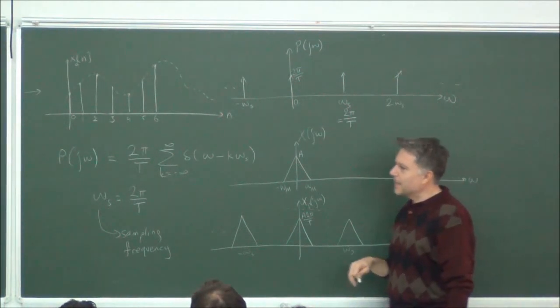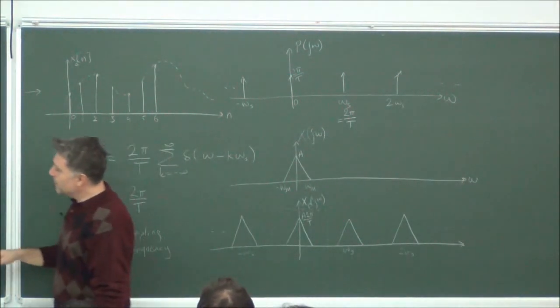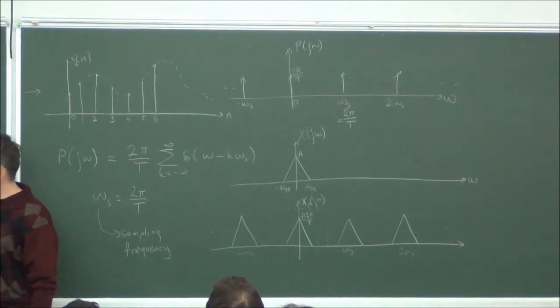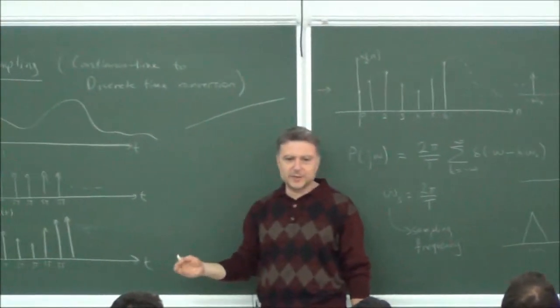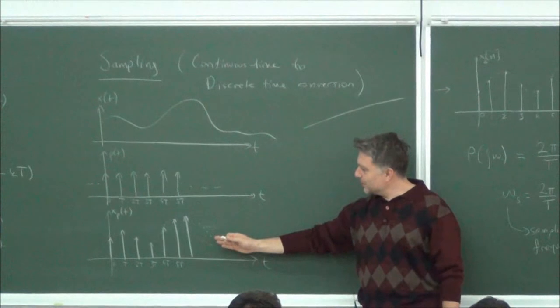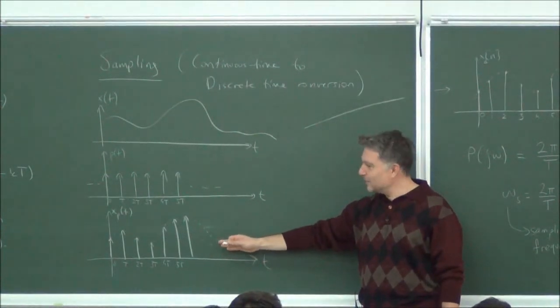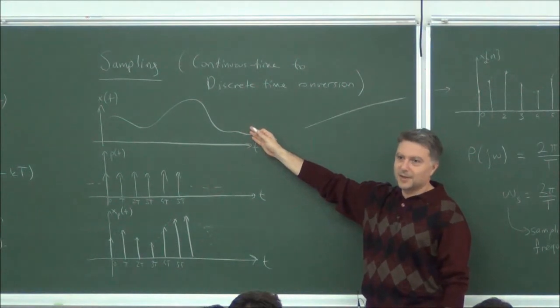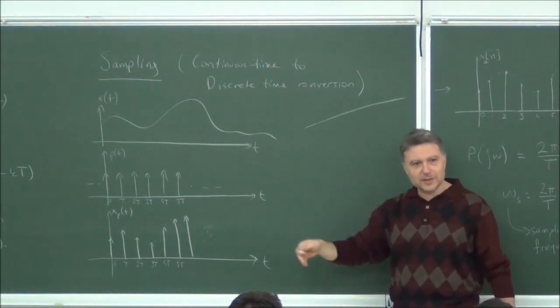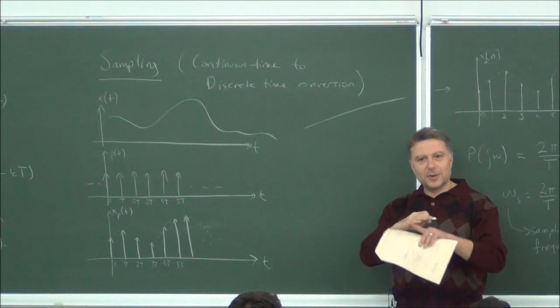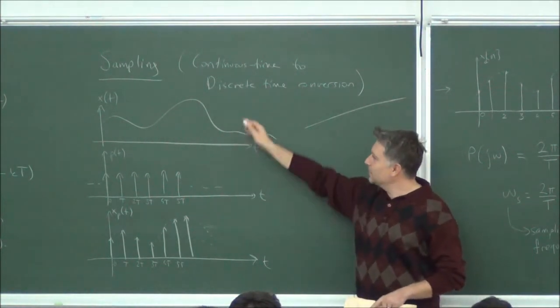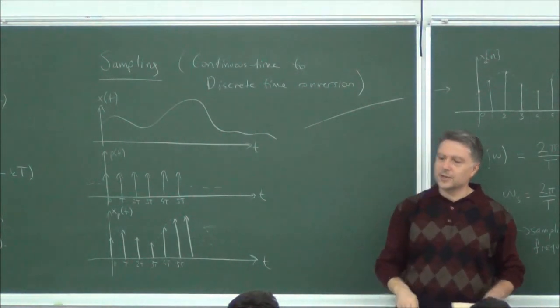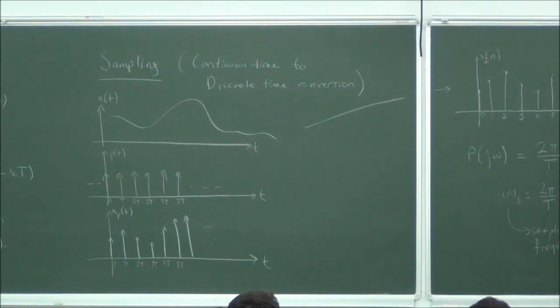This means that the process of digital to analog conversion is nothing but low-pass filtering. So you have to apply a low-pass filter to this, and the low-pass filtered version of this will be this. It's impressive. This one consists of impulses, yet when you apply a low-pass filter, it will still produce the original x of t and nothing else. That's so simple. Digital to analog conversion is therefore just low-pass filtering.